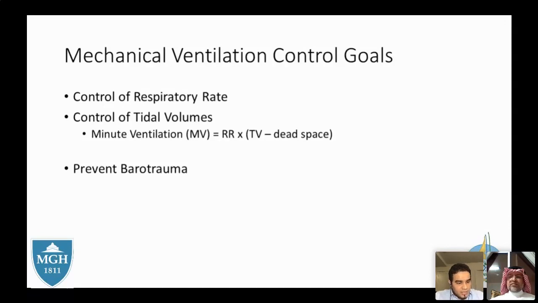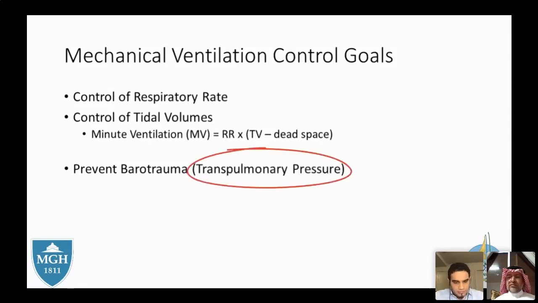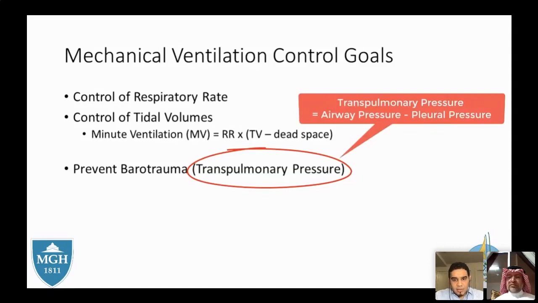Number two, we also seek to control the amount of pressure to prevent barotrauma to the lung tissue. This depends on the transpulmonary pressure, which is basically the difference between the air inside the lungs and the air outside the lungs. In the following slides, we're going to explain more about that.